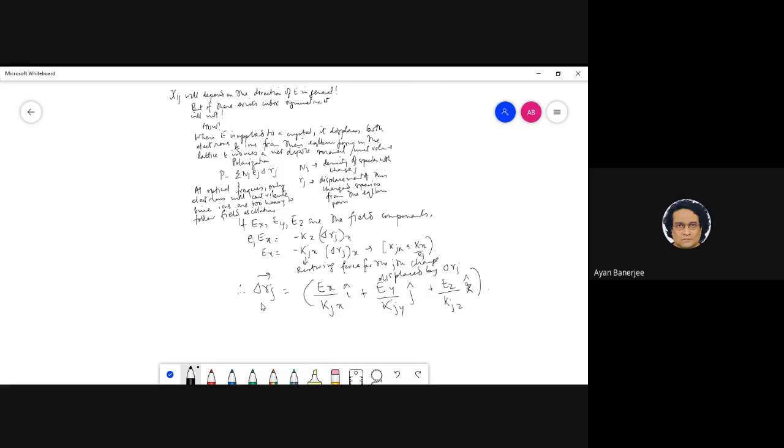Please remember, this is the response. And this is what will essentially lead to the susceptibility, because the solution of this is the susceptibility.